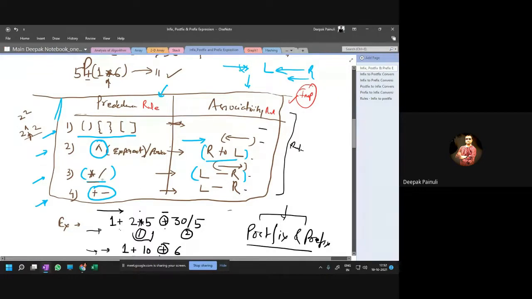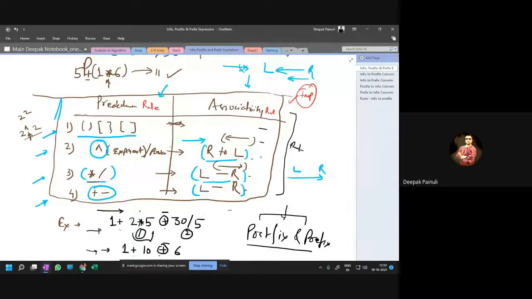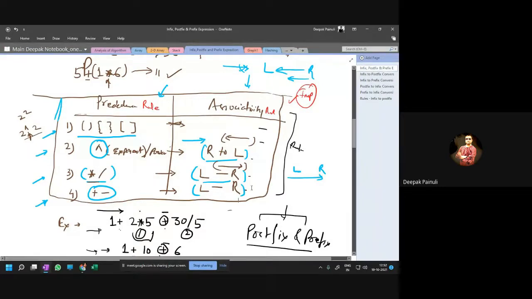In case of multiplication and division, you have to use left to right scanning at the time of evaluation, and likewise for plus and minus, left to right. So these associativity rules govern the direction of scanning when you evaluate your expression.